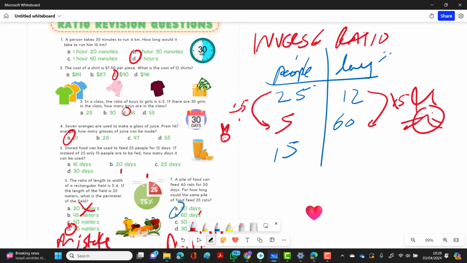Now here it's times 3, so you do the opposite, which is divide by 3, which is 20. That's just 20 days.